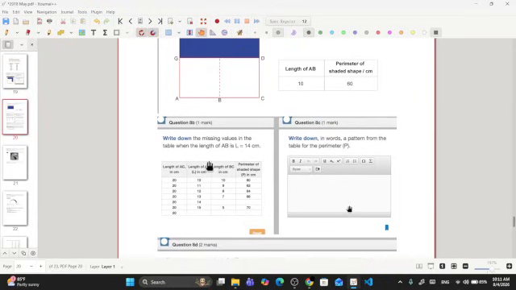So that's pretty straightforward. The value should be 20 minus 14, which is going to be 6 centimeters, or we can see a pattern in front of us. And that pattern is that each and every value is essentially decreasing.